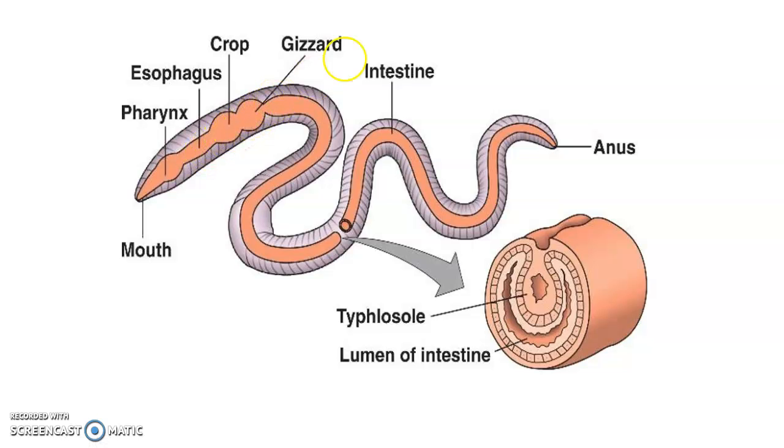Then lining the intestine, the organism is going to have chlorogogen cells or chlorogogen tissue, and that's going to act as their liver. Your liver and their liver have a similar function in that it's going to detoxify substances. Anything that we put into our body or the worm puts into their body, they are going to detoxify.